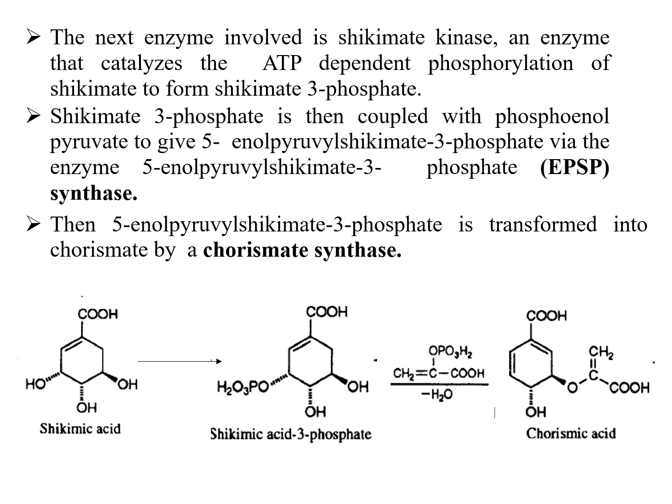shikimate kinase, which is the ATP dependent phosphorylation of shikimate. Shikimic acid goes through phosphorylation and is converted into shikimic acid 3-phosphate, and after phosphorylation again, this shikimic acid 3-phosphate is converted into chorismic acid with the help of the enzyme EPSP, that is 5-enol pyruvyl shikimate 3-phosphate, known as EPSP synthase.